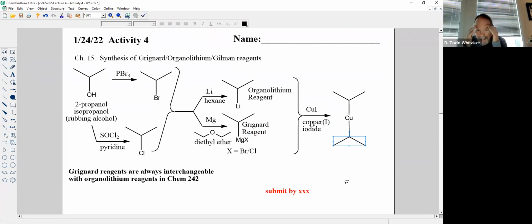Don't in your mind say, oh my God, we have to make one of these and one of these and combine them. No, that's not what this means. You can take either one of these and use, let me be very clear: if you made 1 mole of this or 1 mole of this, you would only need a half mole of this.